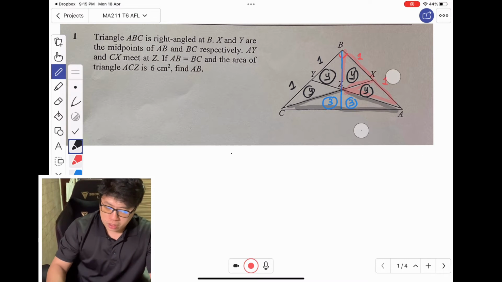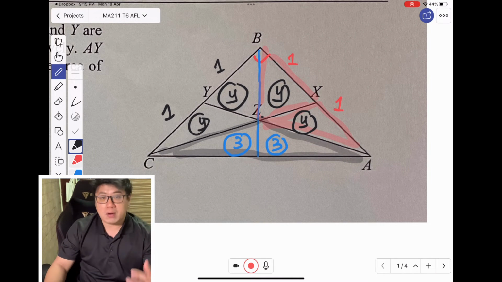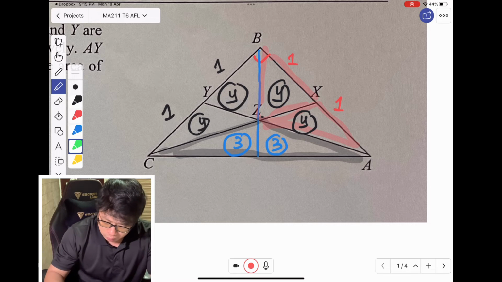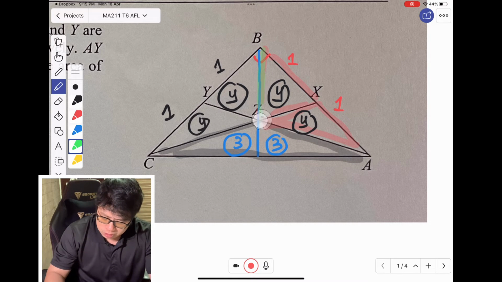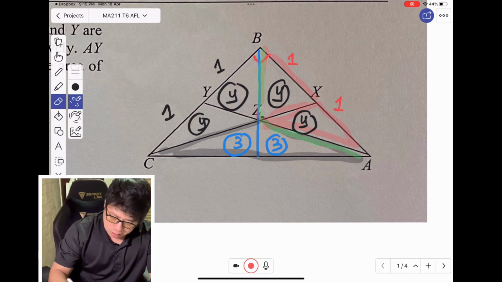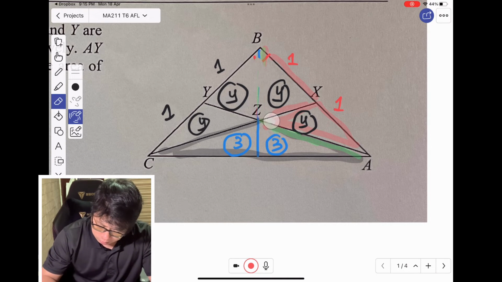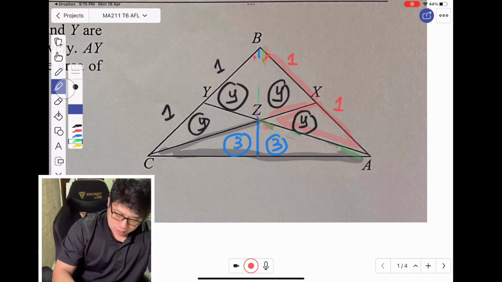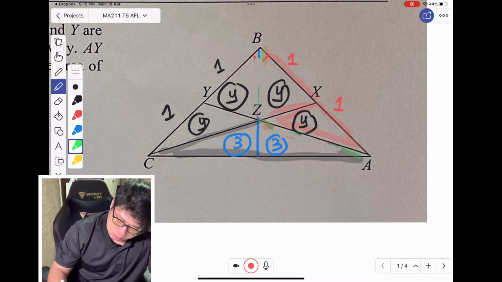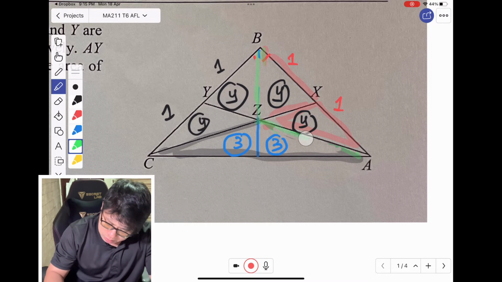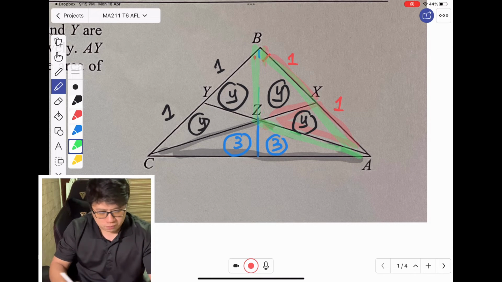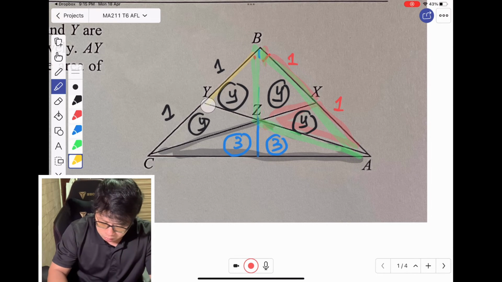Okay, now I focus on this diagram. Looking at the green portion here, just looking at this segment, the one in green versus the one in yellow.